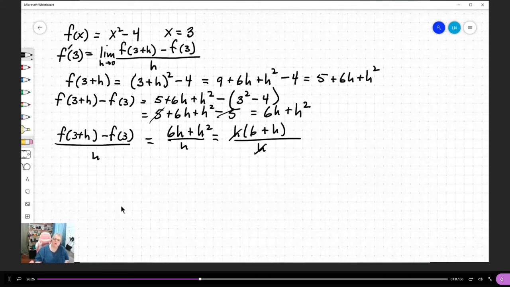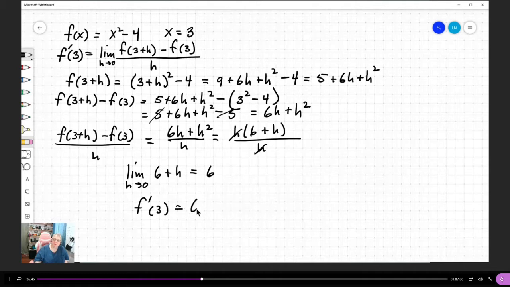I can factor that h out, reduce it with the h in the denominator, and then take the limit. So I take the limit as h goes to 0 of what I have left here, which is 6 plus h, which is going to give me 6. So f prime of 3 is 6 for this function.